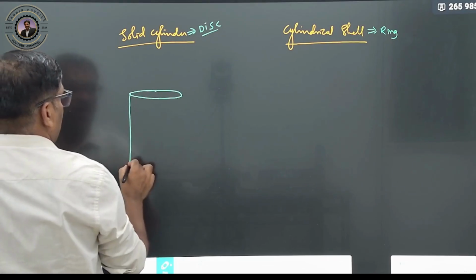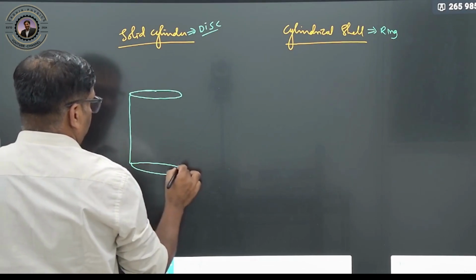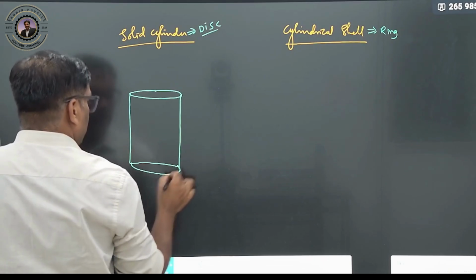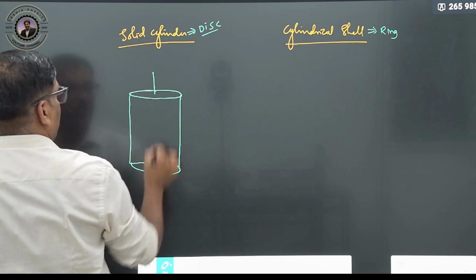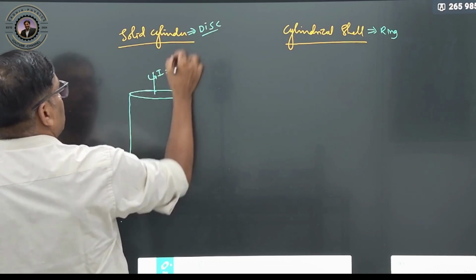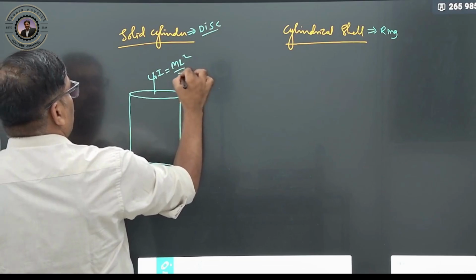So here, solid cylinder. Now what will be the moment of inertia? Moment of inertia for the disc is MR square by 2.